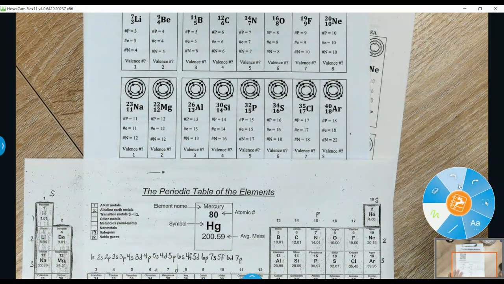So, what does that mean? What pattern is that telling us? If you have elements that are in the same group, they will have the same number of valence electrons. Very, very important to know that.